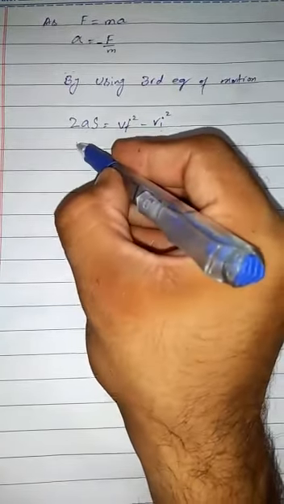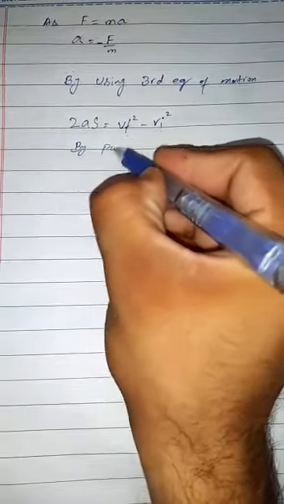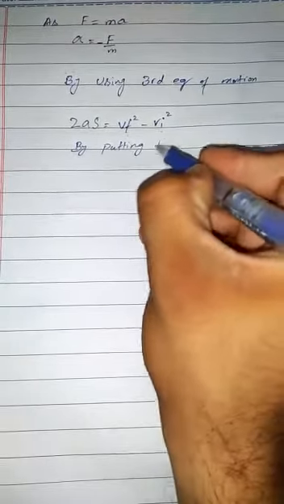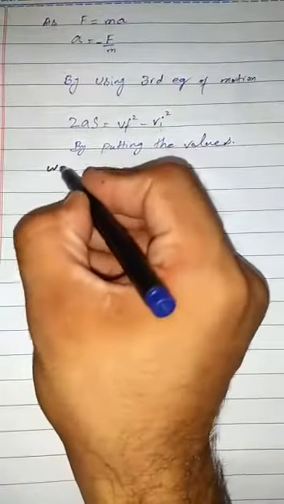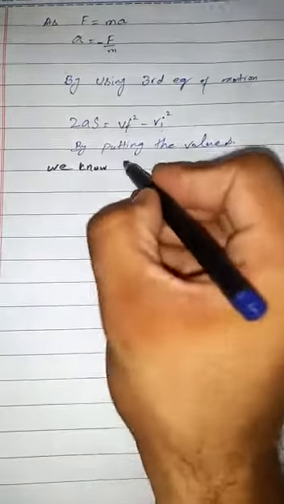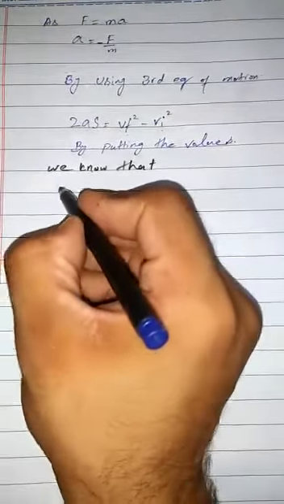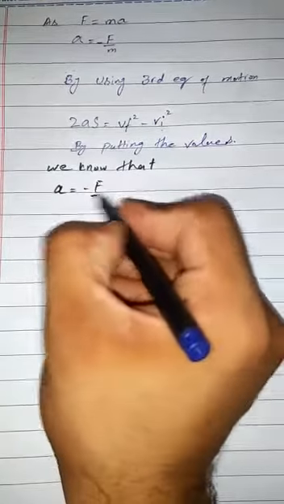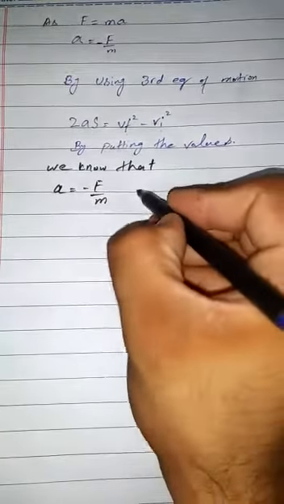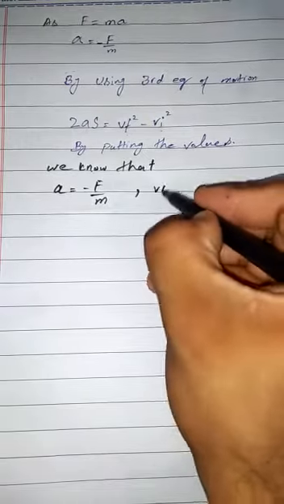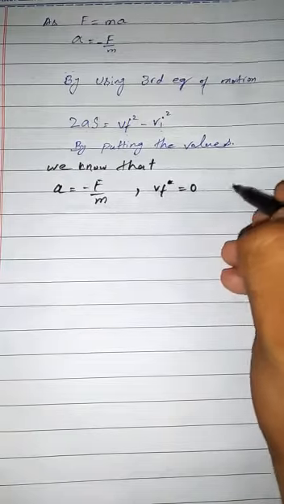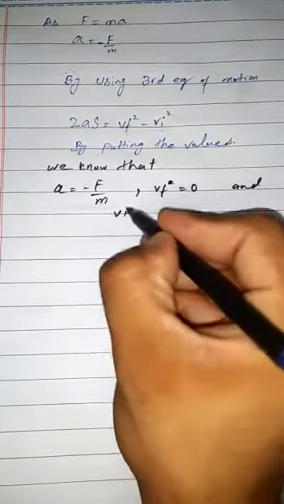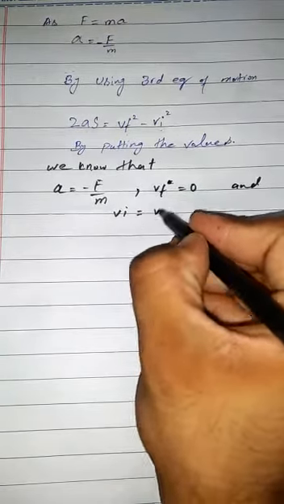By putting the values: acceleration is equal to minus F over m, vf is equal to 0 and vi is equal to v.